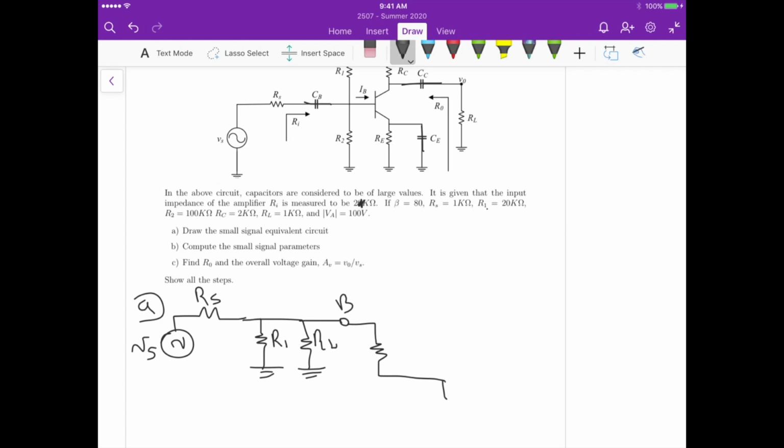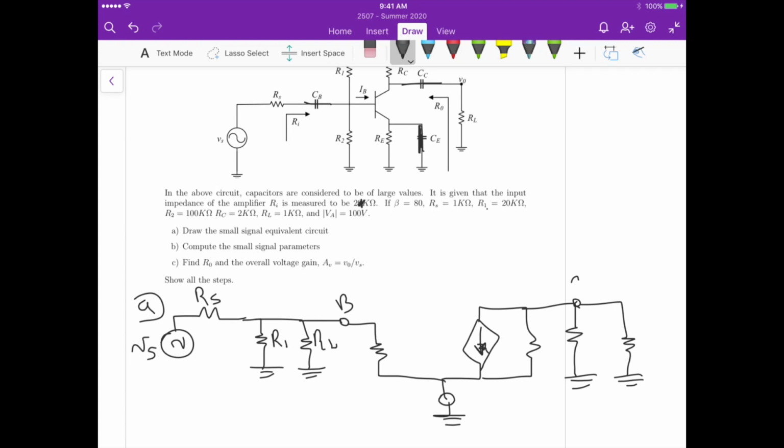So the emitter again is short circuited because of this capacitor CE, so it's grounded. Then we have the current source here. Now we have our out again, right? Then we have RC and RL.